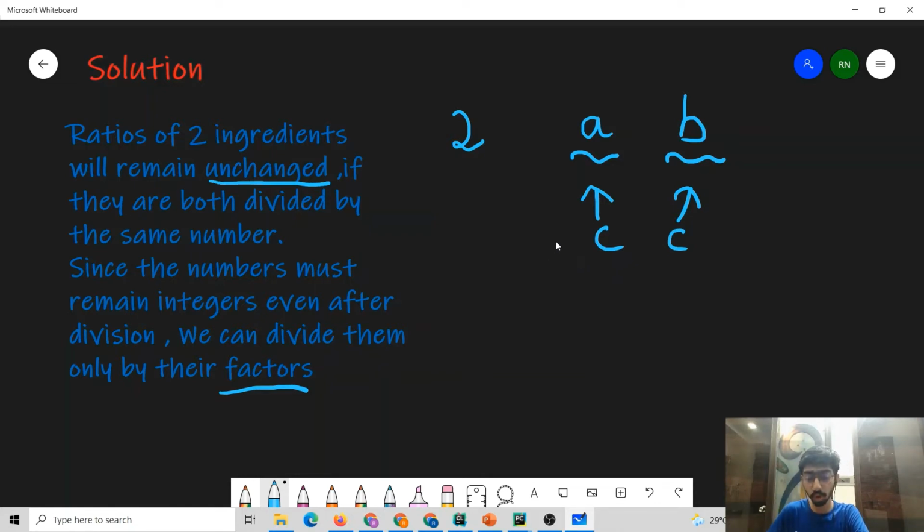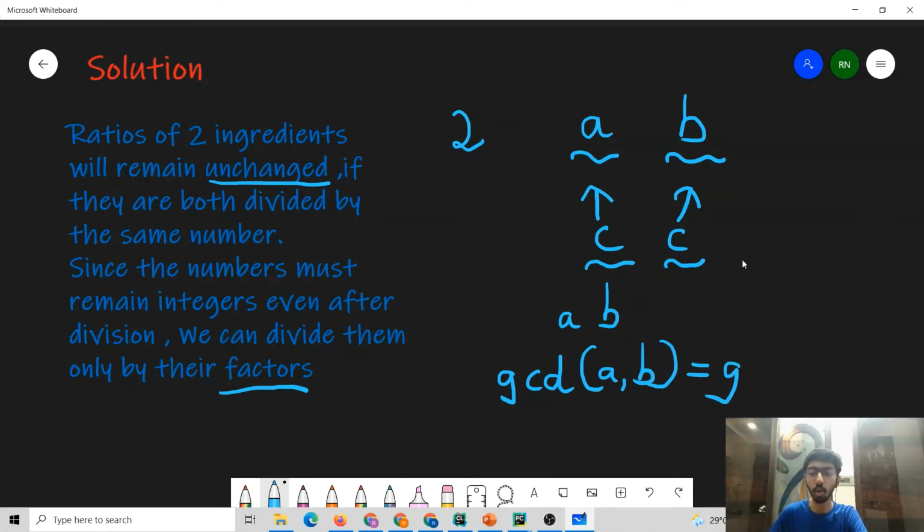And since the chef wants to minimize the final array, it's better for us to maximize the value of C. In other words, for the case of 2 values, we have to find the maximum common factor of A and B, which is also called the GCD of A and B. So let GCD of A and B be equal to G. So how can we make the reduced array? If the initial array was A and B, then the reduced array could be A by G, B by G.